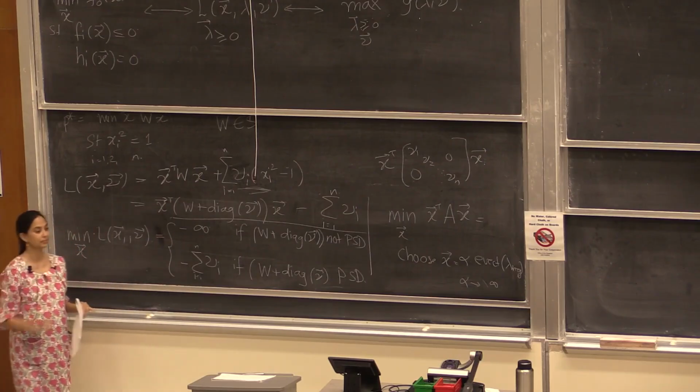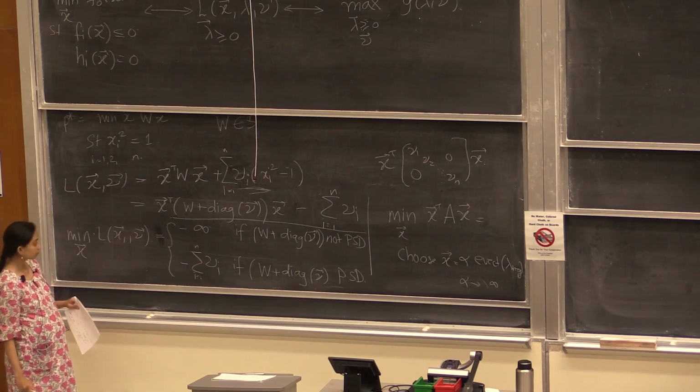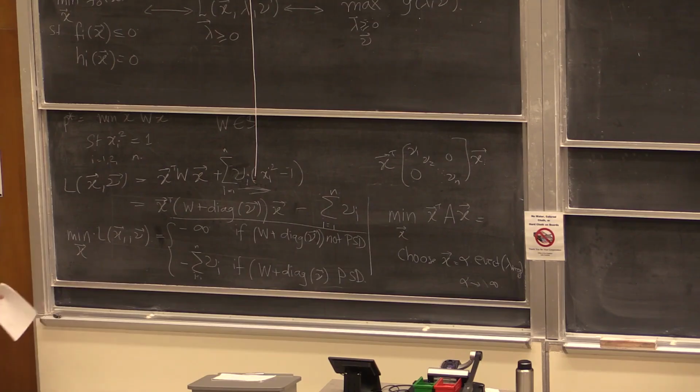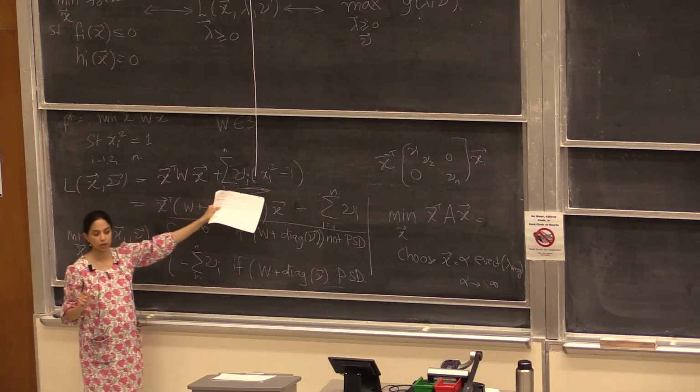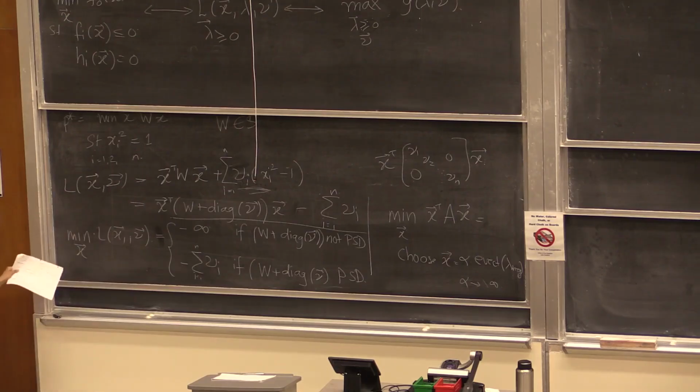Don't we have a constraint that the xi squared have to equal 1? Okay, great question. So what are we doing here? We're looking at the minimum of the Lagrangian. The whole point of getting to the Lagrangian is that now we get to do an unconstrained minimization. We have incorporated the constraint into the Lagrangian, and so now we're searching over all possible x's.